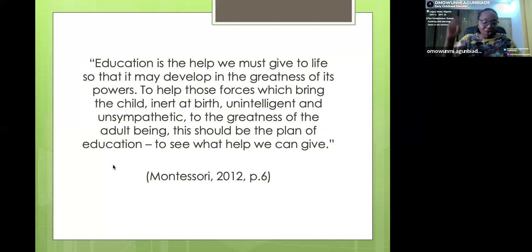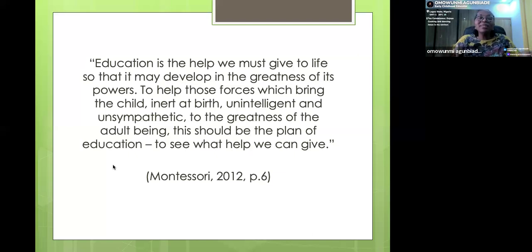And that's why we must ensure that we give these young children a very rich environment that would help to develop. Because at birth, like I said earlier on, that's what Maria Montessori called the spiritual embryo. That's what she's talking about. That child is like helpless. It comes like not knowing anything.